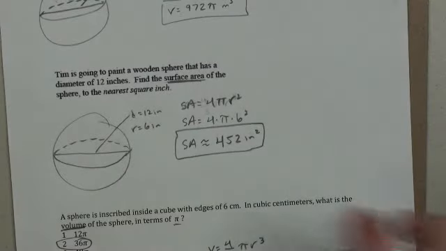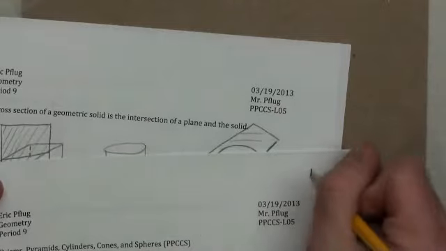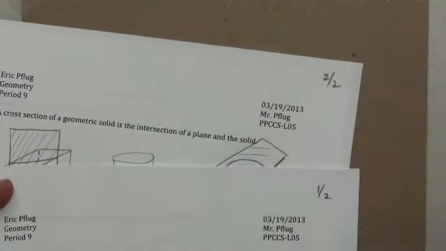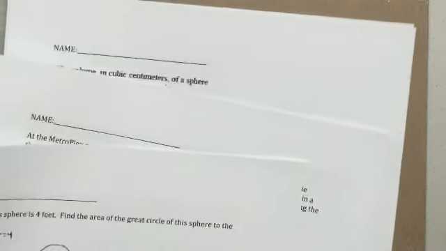Okay, now this was a long one. Let's get this in order here. Our lesson was 2 pages, so 1 out of 2, 2 out of 2. And then we had 3 pages of problems.